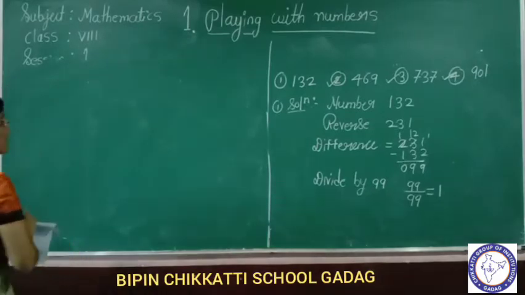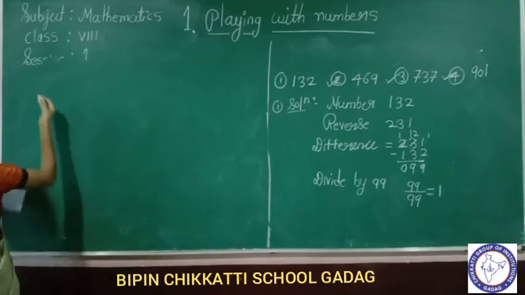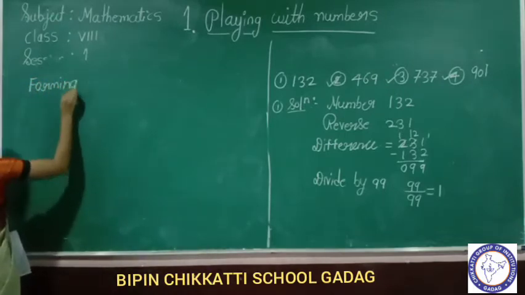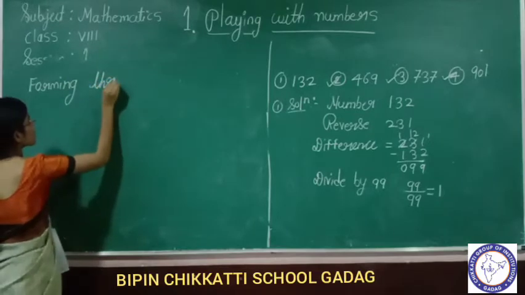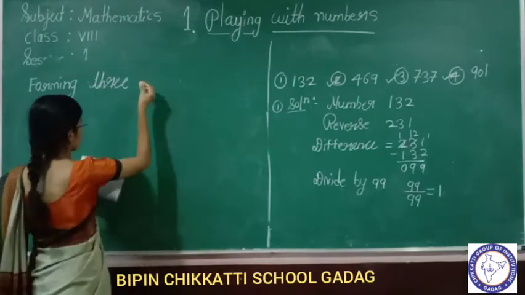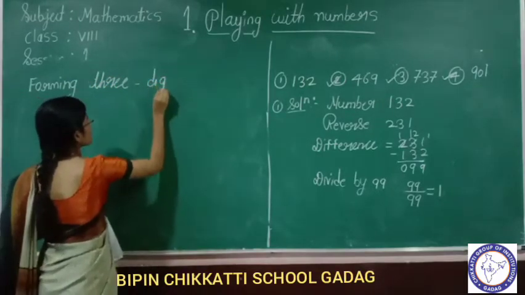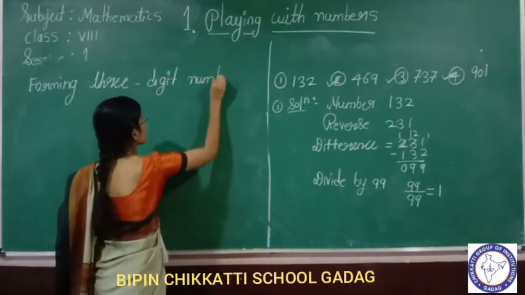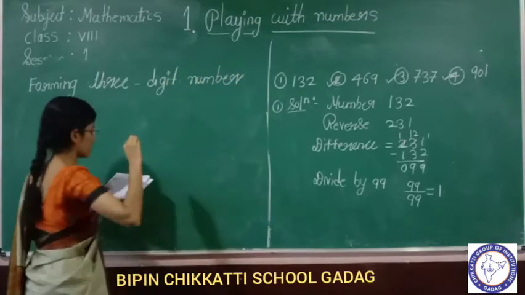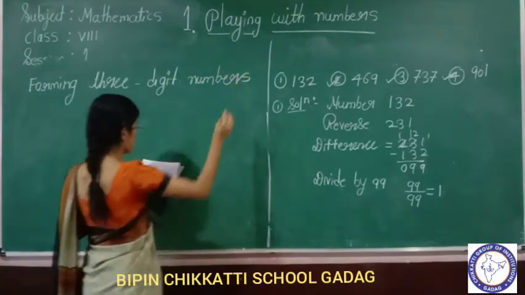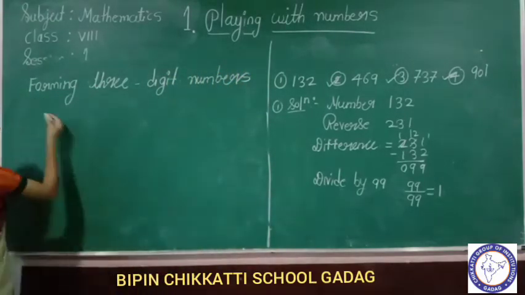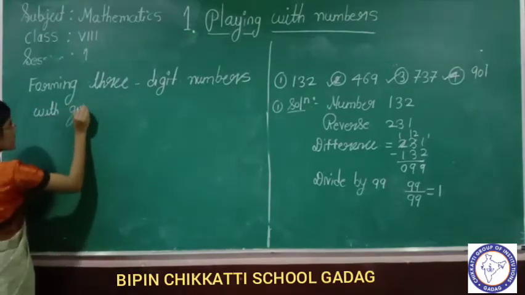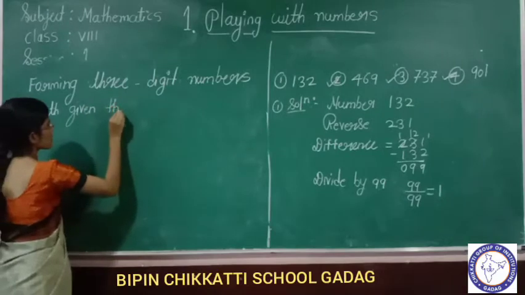Next, write down: forming 3-digit numbers with given 3 digits.